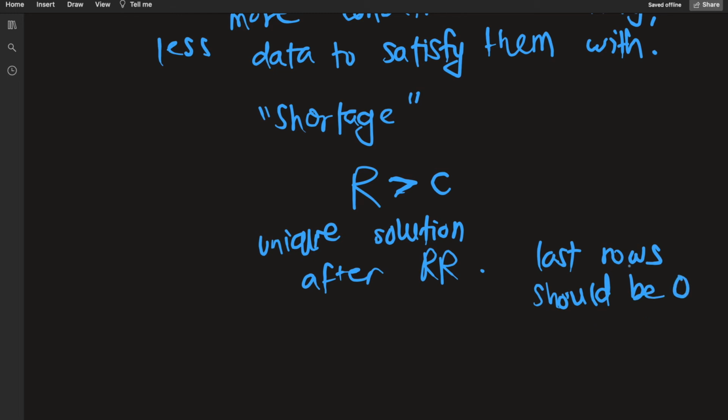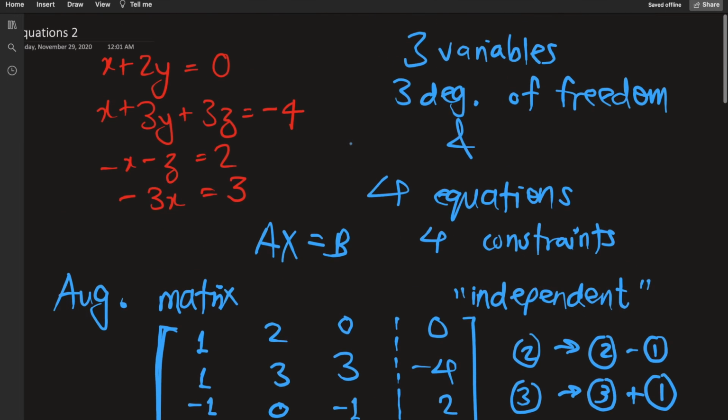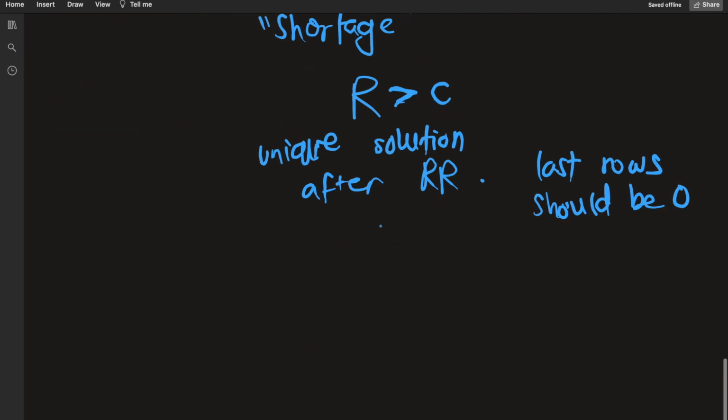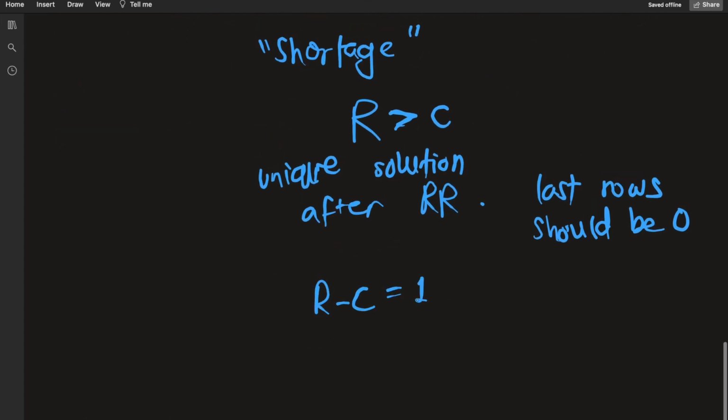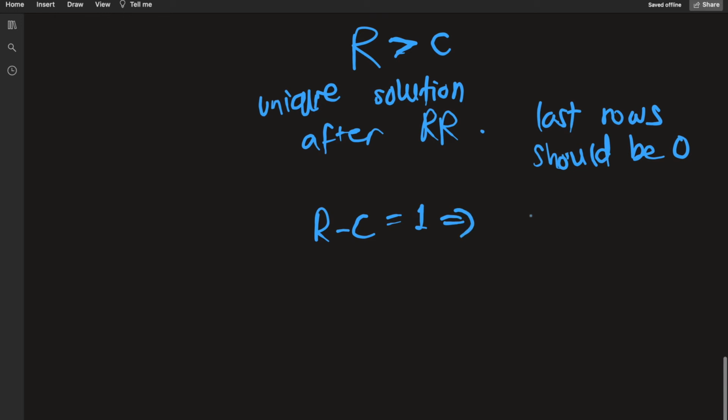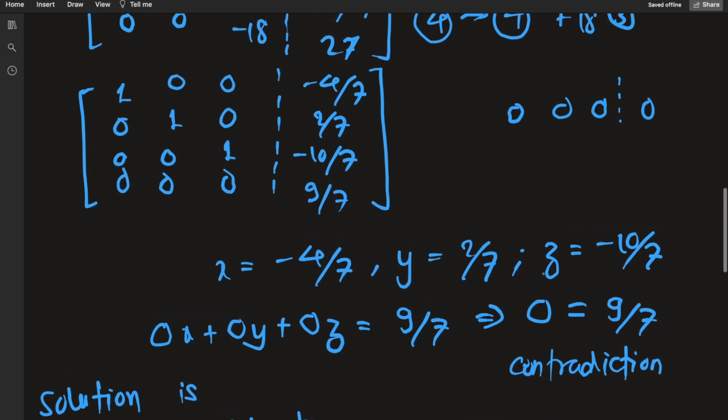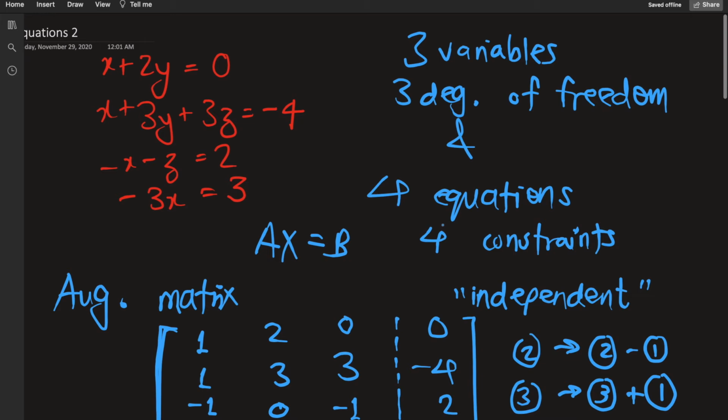In this case 1 row, because the difference between rows and columns was 1. R minus C was 1. That's the number of rows of zeros at the bottom that we need in general. Otherwise we're going to suffer inconsistency in the solution.